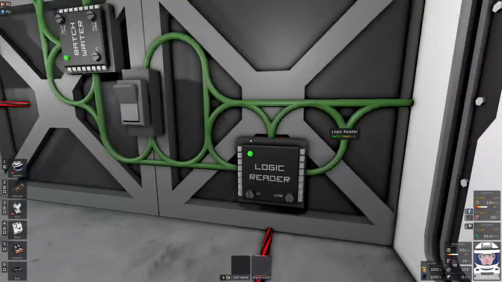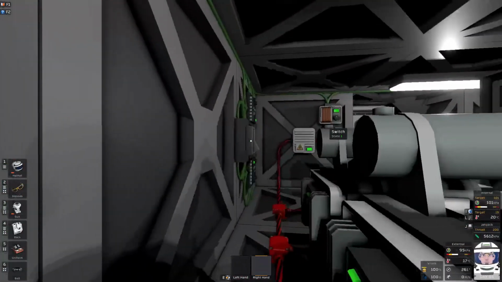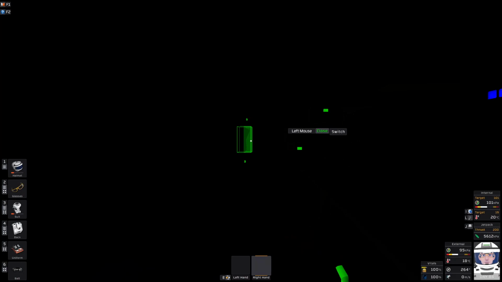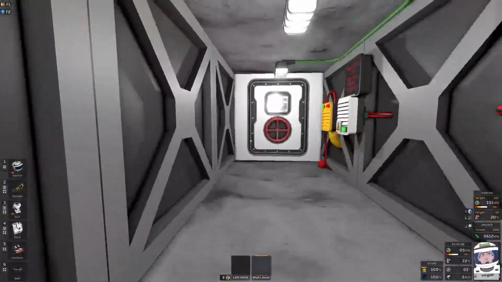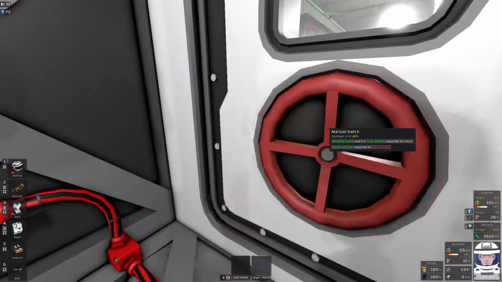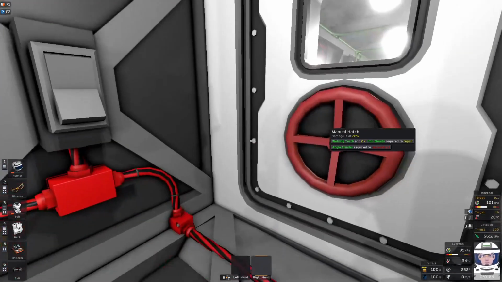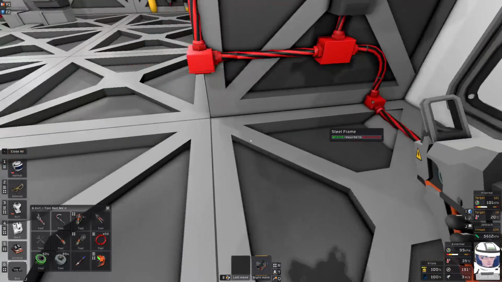Oh yeah, there's also a light switch in here. I do know how to do automatic doors, but these hatches don't exactly do that. Oh, damage, that's not good.